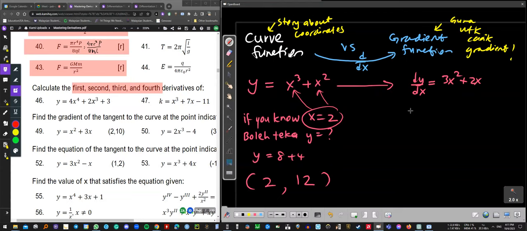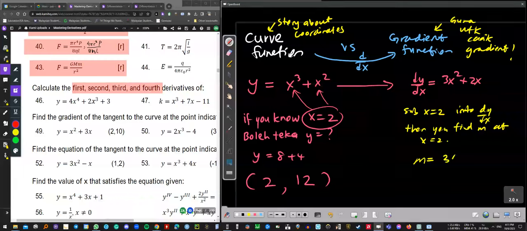You just sub x equals 2 into dy dx, then you will find m at x equals 2. Tu je. So berapa dia punya m apabila x equals to 2? 3 times by 4 plus 4. It's going to be the gradient is 12 plus 4, 16. That's the gradient. Betul dia. That's the difference. Okay.